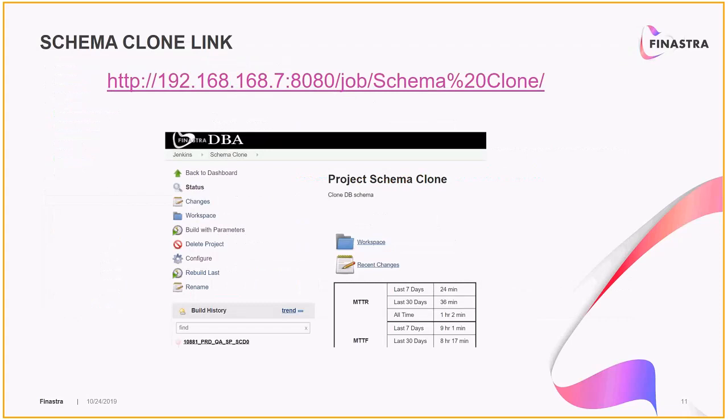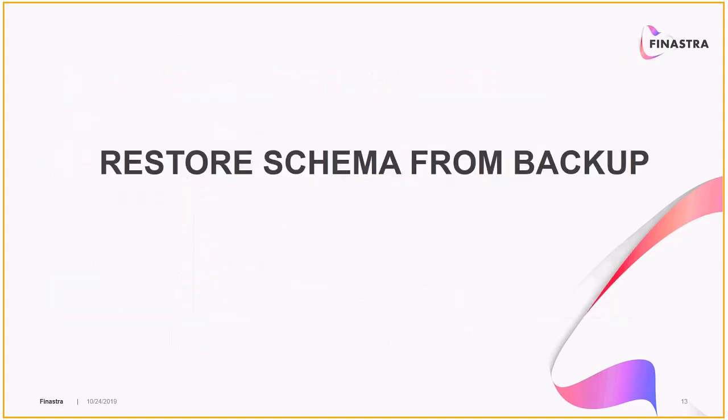Okay, so this is specific to clone. On various accounts, people, QA or maybe dev, need to restore the schema or user from backup. So in that case, there are two options.